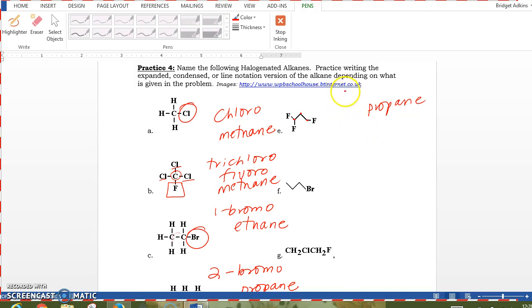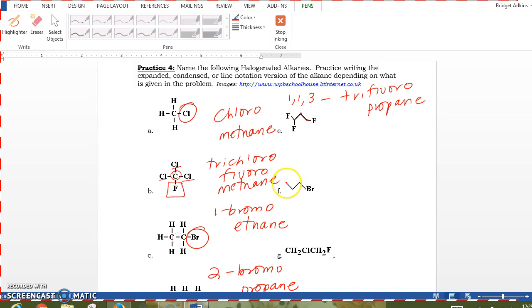So altogether, we have trifluoropropane. And to let people know where it's happening, we would say 1,1,3-trifluoropropane. We could number from the right to the left, so we'd call it 1,3,3-trifluoro, but again, we're trying to get that lowest number combination, so that's why this one works.